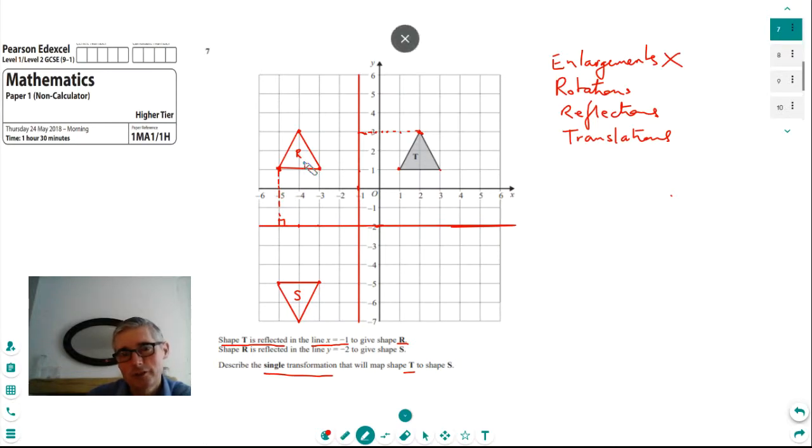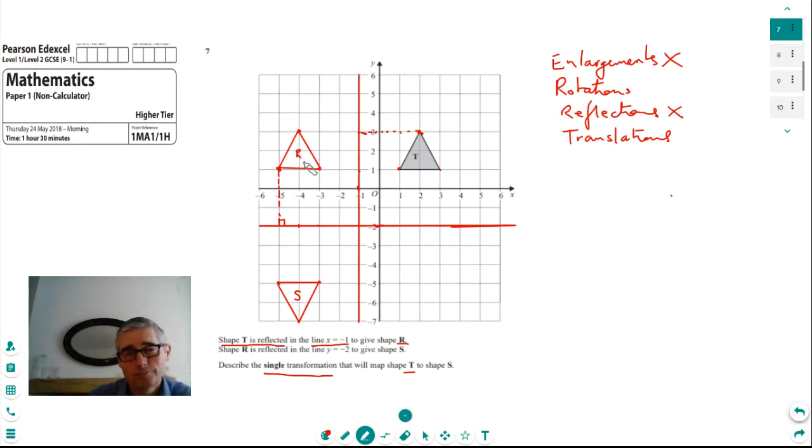We've been doing reflections, and we can see that there's no real line we could draw, not even a diagonal line, which we could do a reflection in that would give us shape S. So we can discount that.